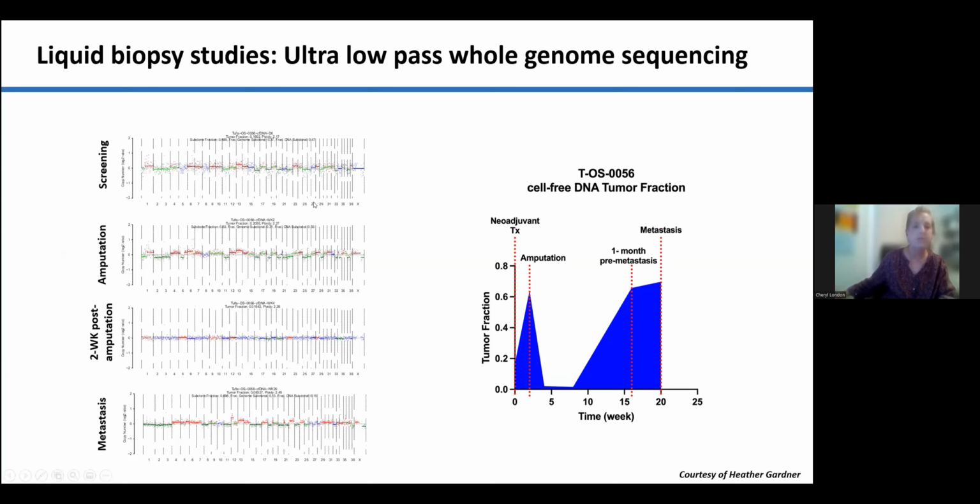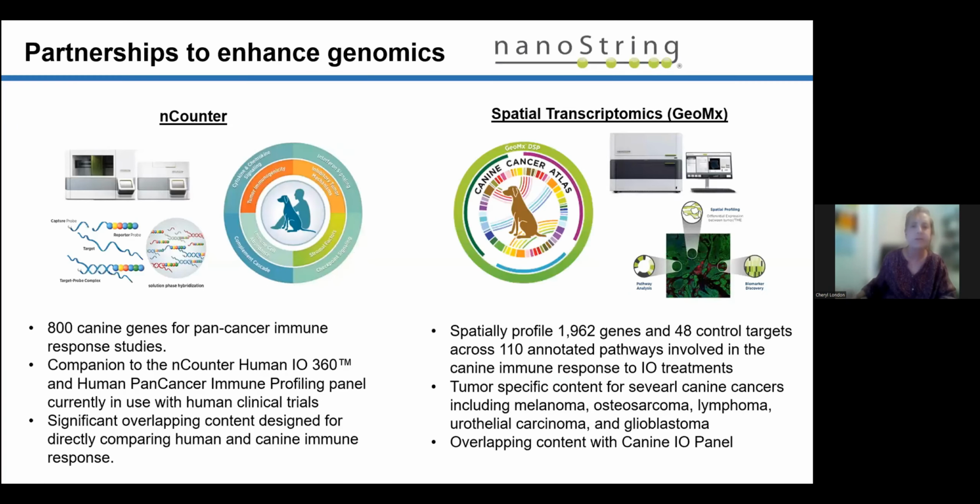This represents the actual liquid biopsy readout here, this represents remission, and this represents recurrence of disease. So again, really new powerful tools that have enabled us to do really detailed work characterizing canine cancers.